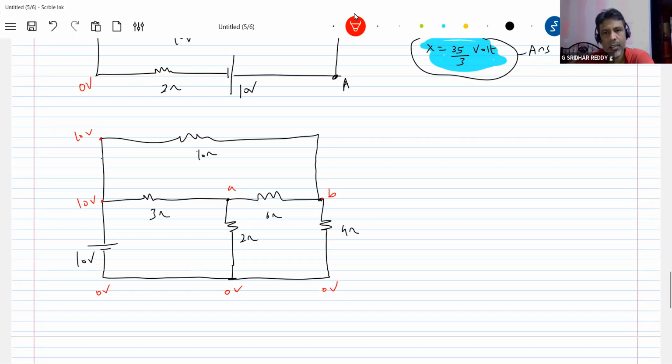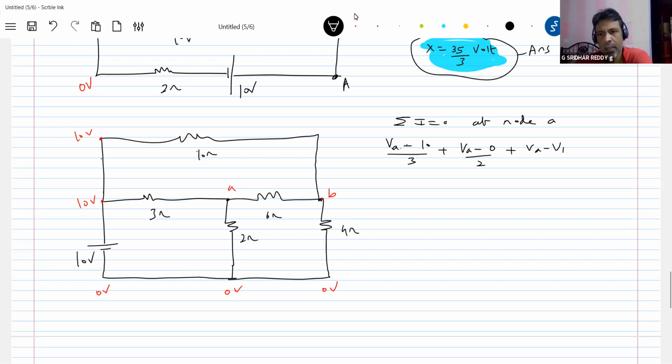First applying KCL at node A, the summation of currents at node A. So this will be VA minus 10 by 3, VA minus 0 by 2, VA minus VB by 6 equal to 0.